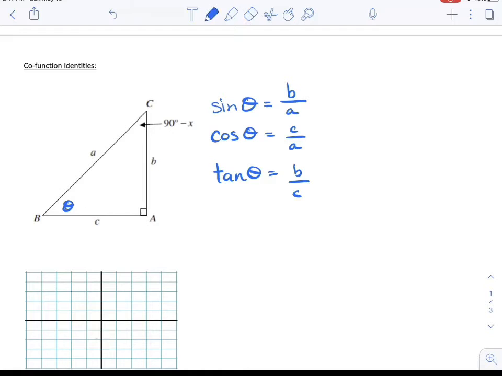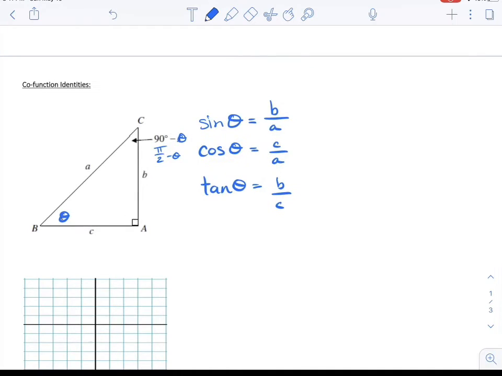So that's great. Now let's look at the other angle that we know. So instead of looking at theta, we're going to look at 90 degrees minus theta. Or you might say pi over 2 minus theta, if we're using radians. Maybe we'll continue with radians, I guess. Let's see what sine pi over 2 minus theta is, what cos pi over 2 minus theta is, and tan pi over 2 minus theta. That's just the other angle that we're talking about, right?